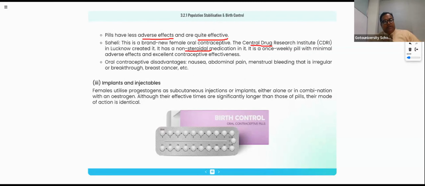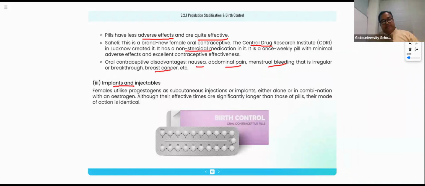Only micro side effects, which can be reversed very easily, right? The disadvantages: nausea will be there, running nose will be there, bleeding will be there, abdominal pain will be there, and there is a chance of getting breast tumor, right? So taking medication is accepted, not every time, not every day. If you do this, you will have a maximum probability of deviation in health.